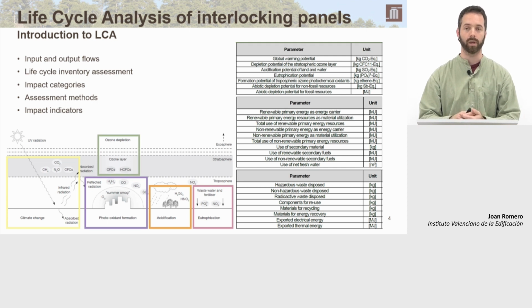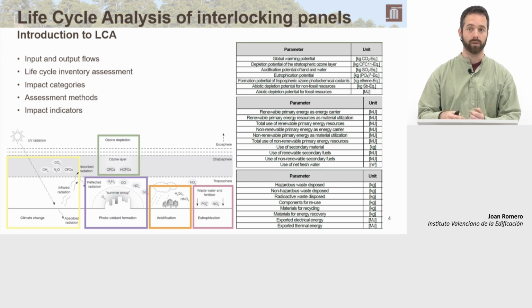Another step we are going to see later is the life cycle inventory assessment, that is worked through an engine of impact categories, scheduling all the indicators and all the impacts in different kinds of categories depending on the focus of the assessment.